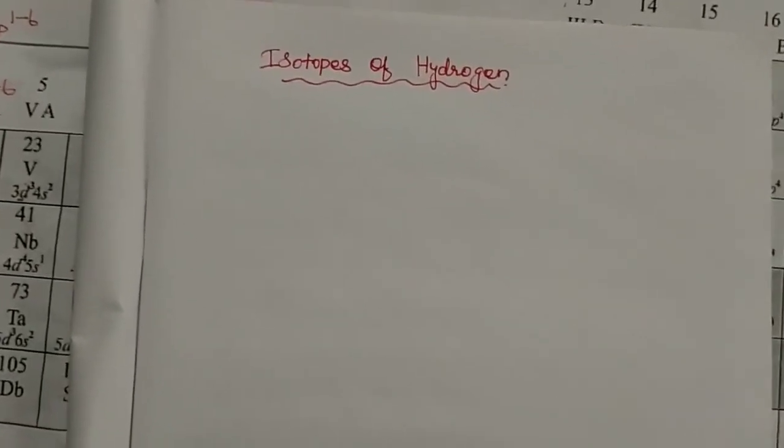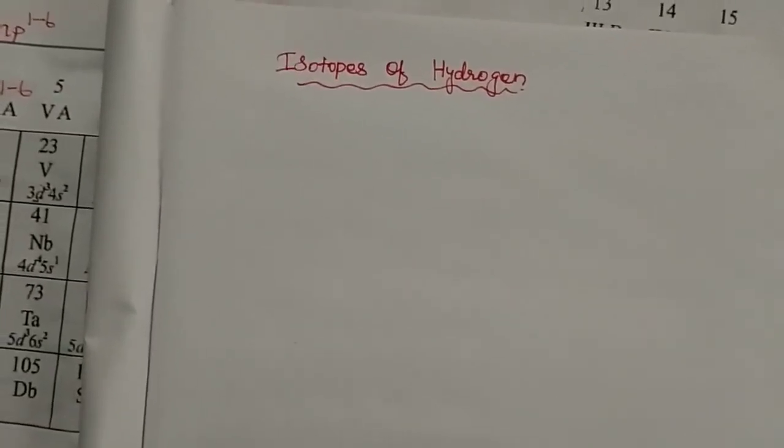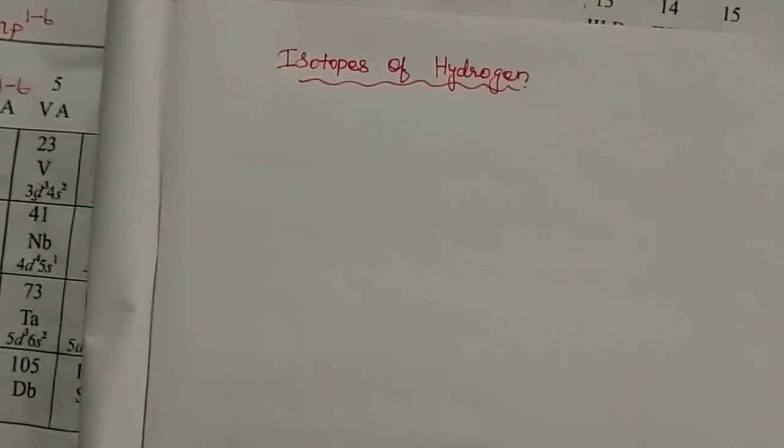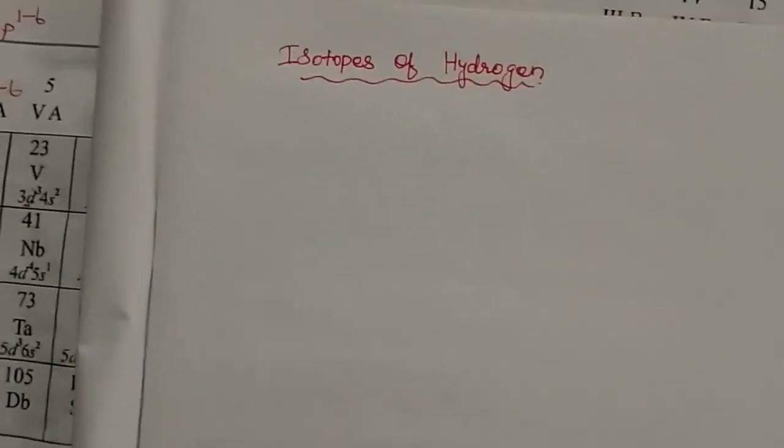First topic, isotopes of hydrogen. Hydrogen contains three types of isotopes.